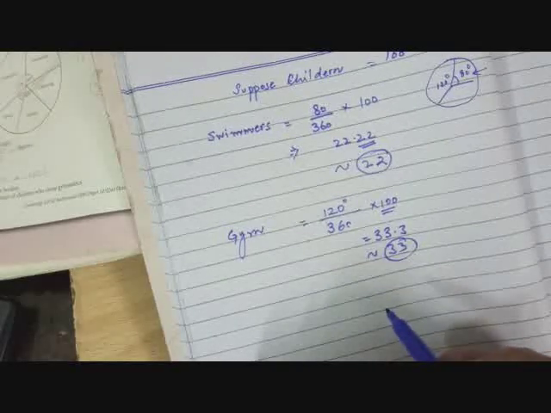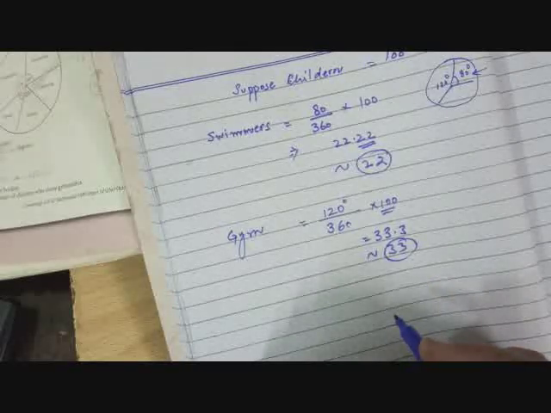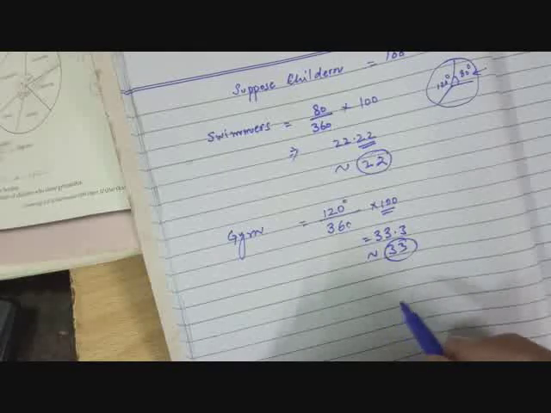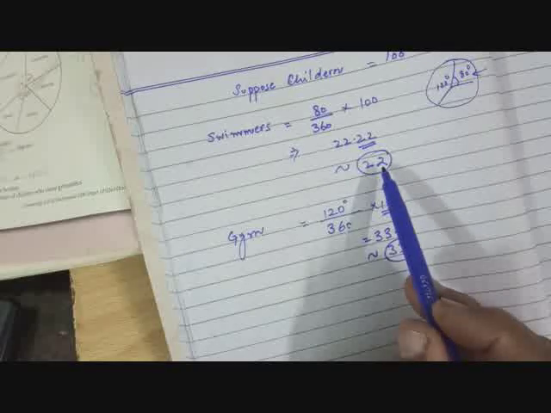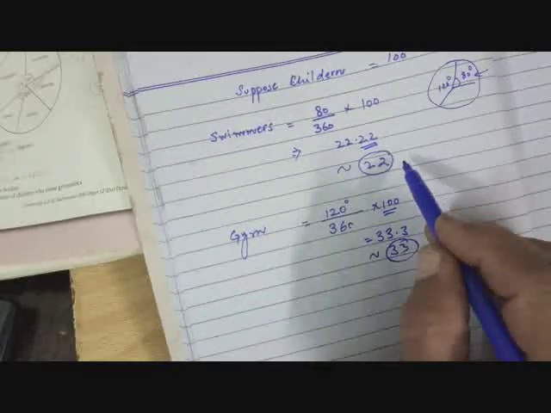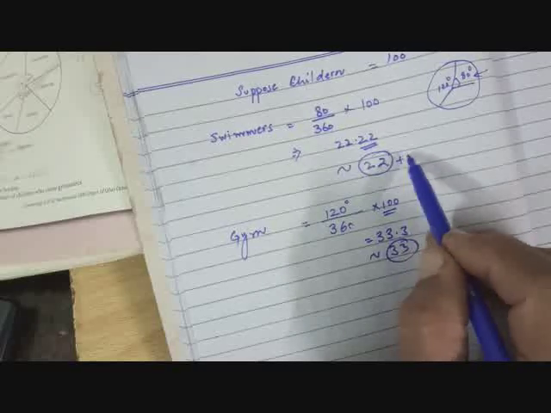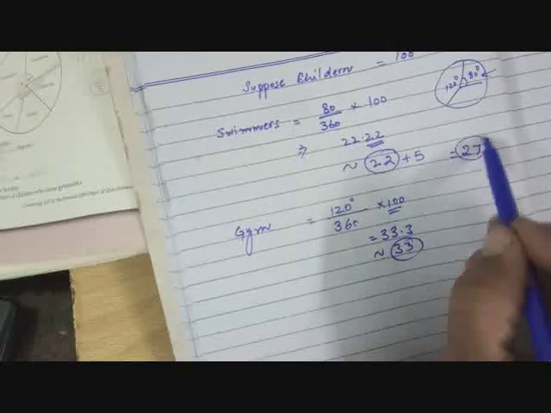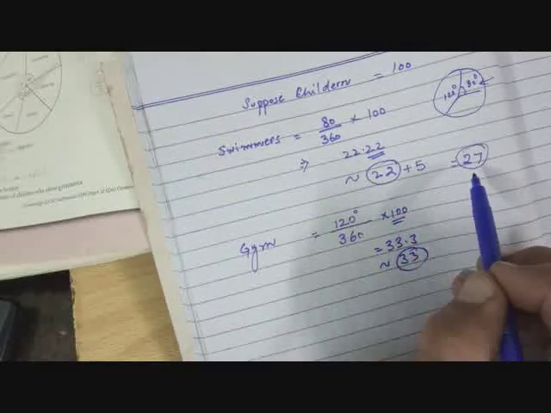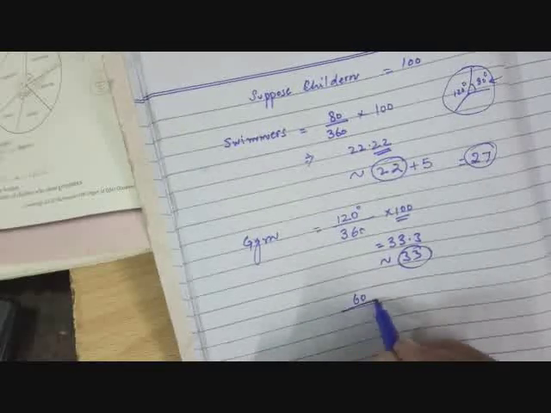Now the first part of the question still remains intact: five more children choose swimming than hockey. Swimmers were 22. But if I get five more children, it should be 27. Now the swimmers are 27 and the hockey must be less than that.